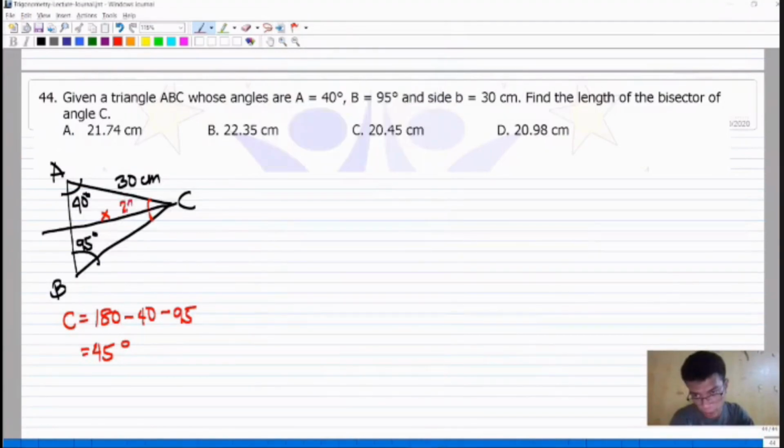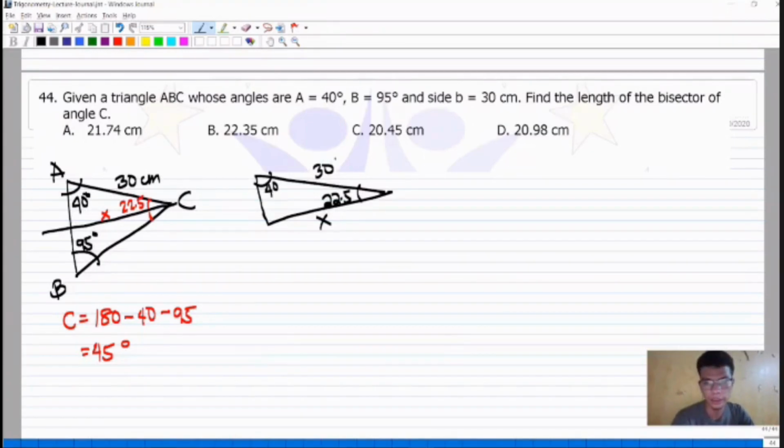Sure tayo na 22.5 ito. So, i-consider natin yung isang triangle. Ito ang bisector na hinahanap natin. This is 22.5, this is 30, and this is 40.